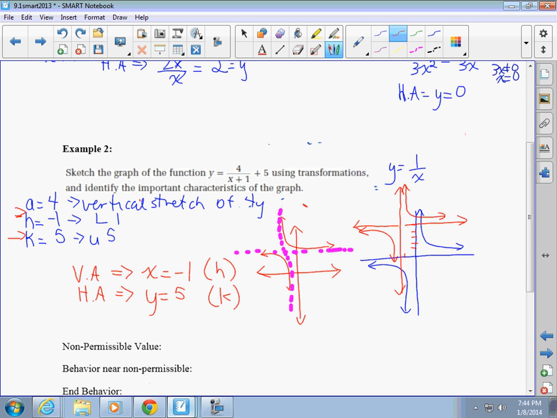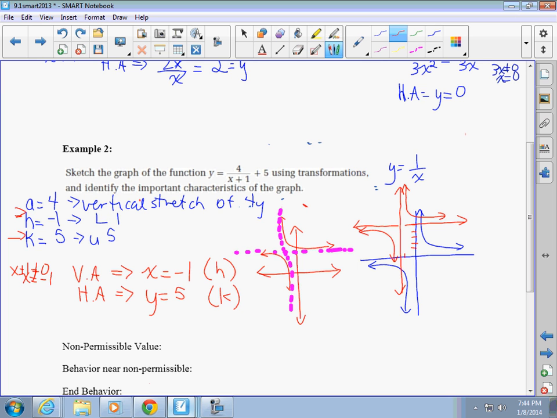If I tried to do this algebraically, and there will be questions where it asks you to do it algebraically, for my vertical asymptote, I would take my denominator and put it not equal to 0. So x plus 1 is not equal to 0. X is not equal to -1. Okay. That worked for that one.